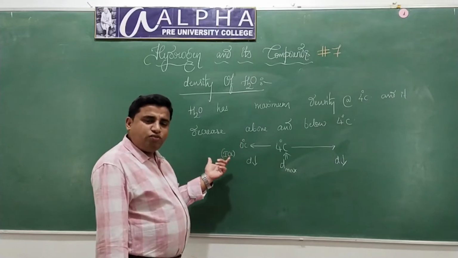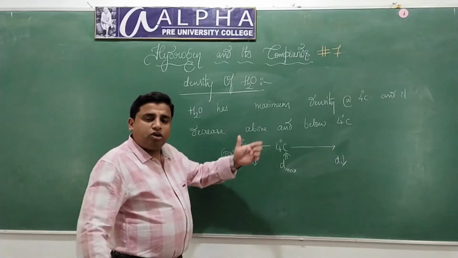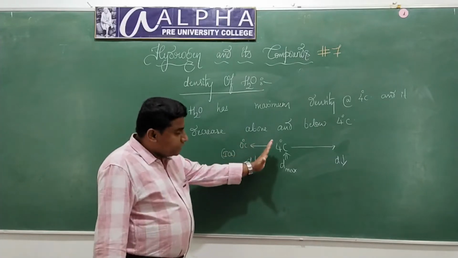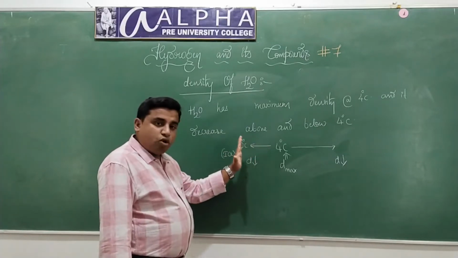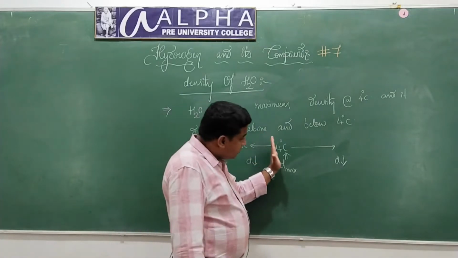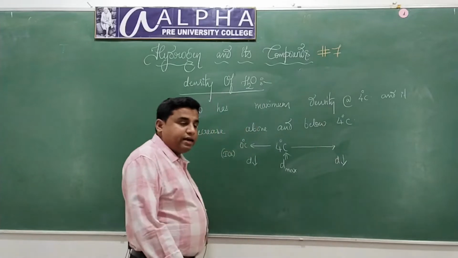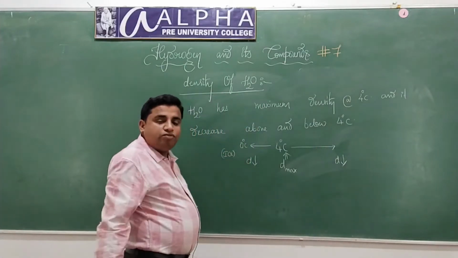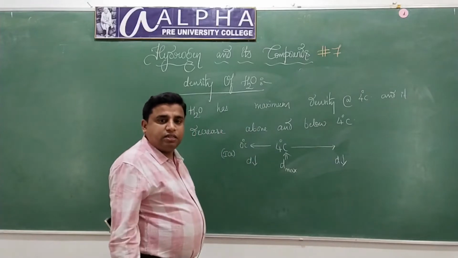We know the density of ice is less than that of pure water. So the density of water will be less below 4 degrees centigrade, and it will be less above 4 degrees centigrade. At 0 degrees centigrade, since it exists in the form of ice, the density of ice is less than that of water.